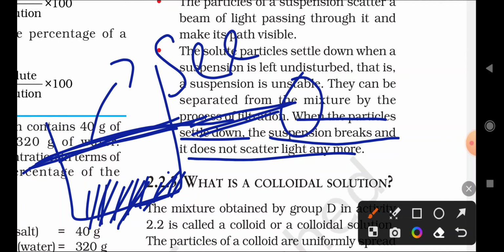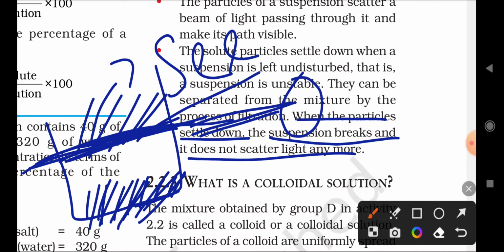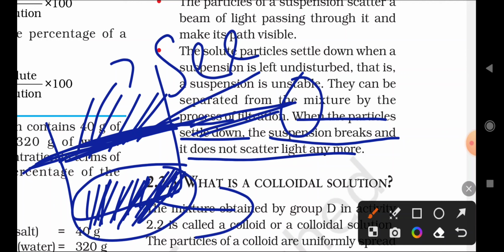When they are settled down at the bottom, they do not scatter the light, but when the particles are suspended or on the surface, we can see the path very easily. But we cannot see the path of the light when the suspension has settled down at the bottom of the container.